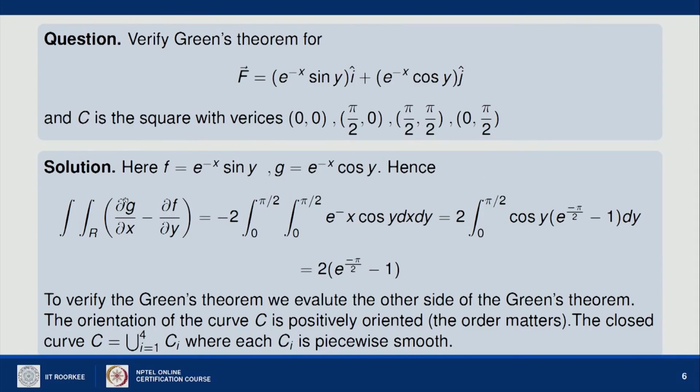So, here if we compare with the Green's theorem statement, small f is e raised to power minus x sin y and small g is e raised to power minus x cos y.